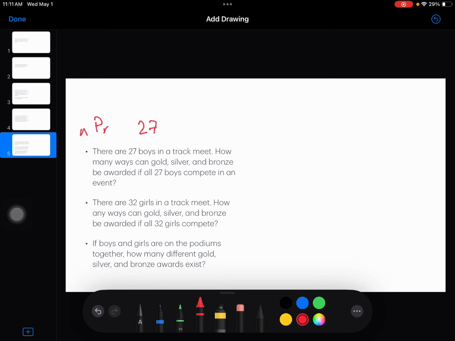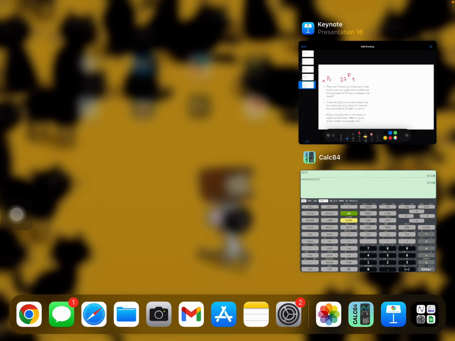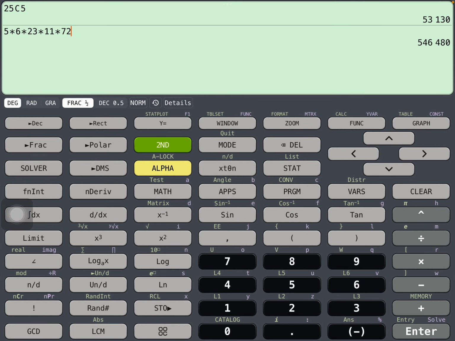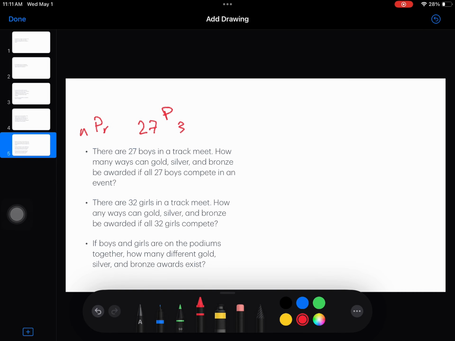That's 27 permutation 3, and that's going to be a lot more possibilities, a bigger number, so doing it by hand is just impractical. So on the calculator, 27 nPr 3 gives 17,550.